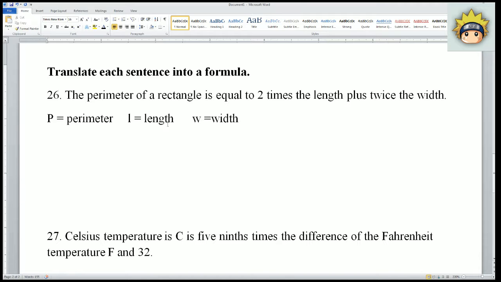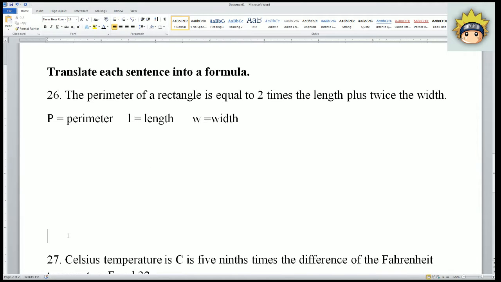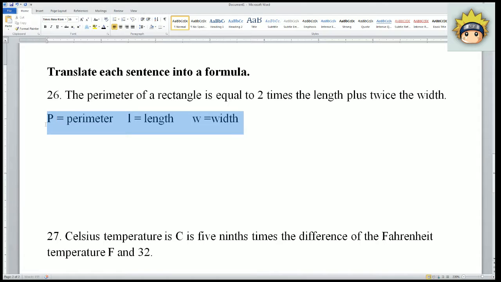After you read it, make sure that you label each variable. Here's your perimeter, that's a noun. Length is your other noun, and your last one is width. Make sure you have a variable for each noun.